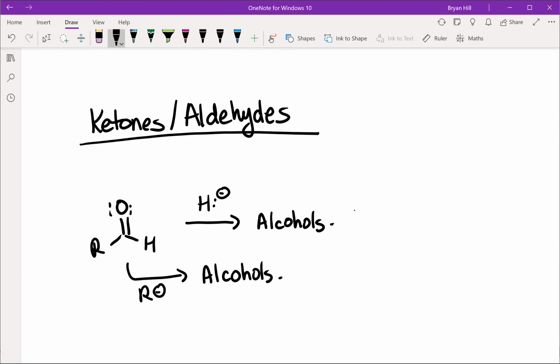This one would be primary, this one would be secondary. What about if you reacted an aldehyde with an alcohol? What type of reaction, what type of product did we get with that?